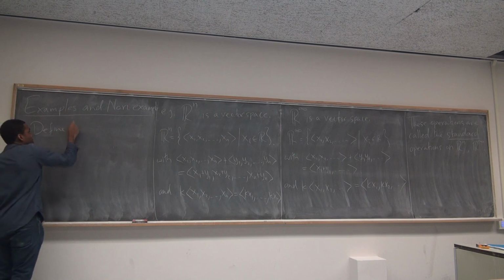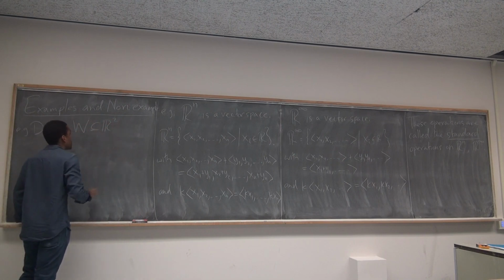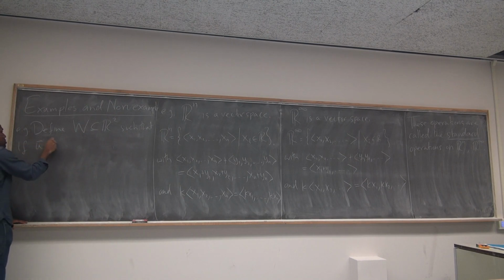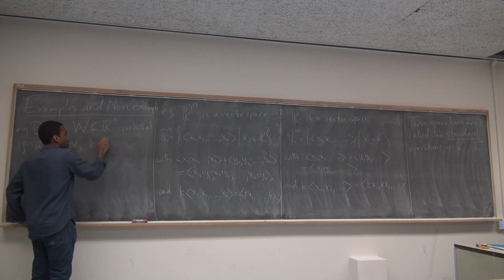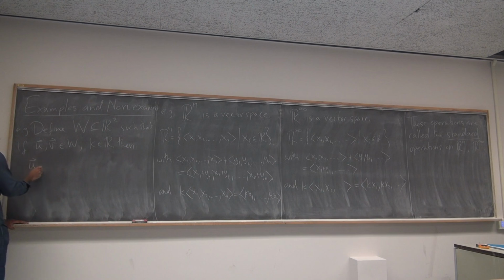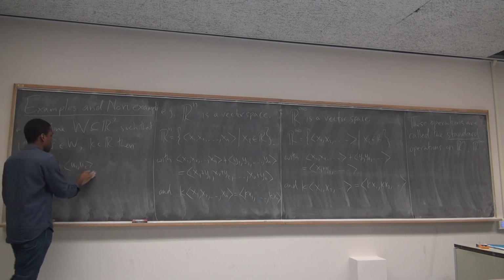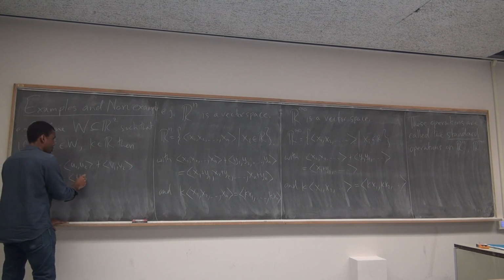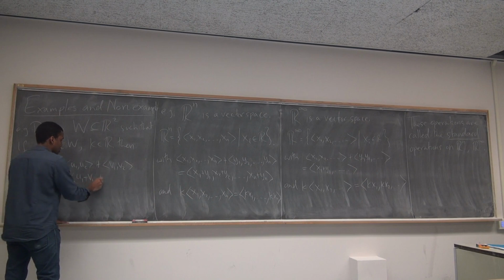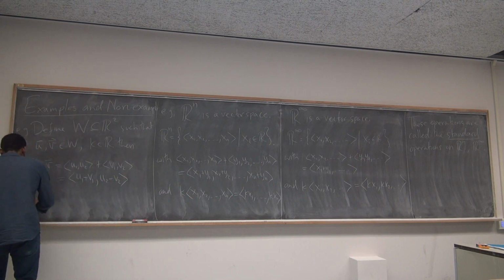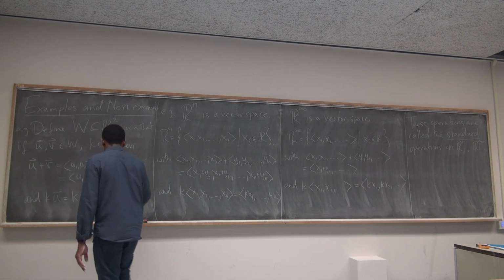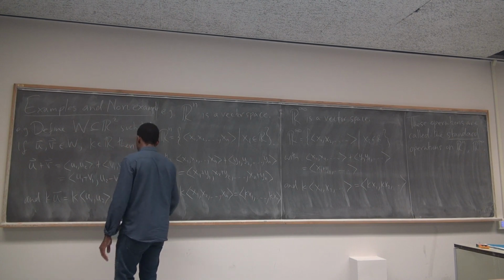Define W to be a subset of R2, such that if u and v are in W and k is in R, then if I take u plus v, which is (u1, u2) plus (v1, v2), is that a vector space?